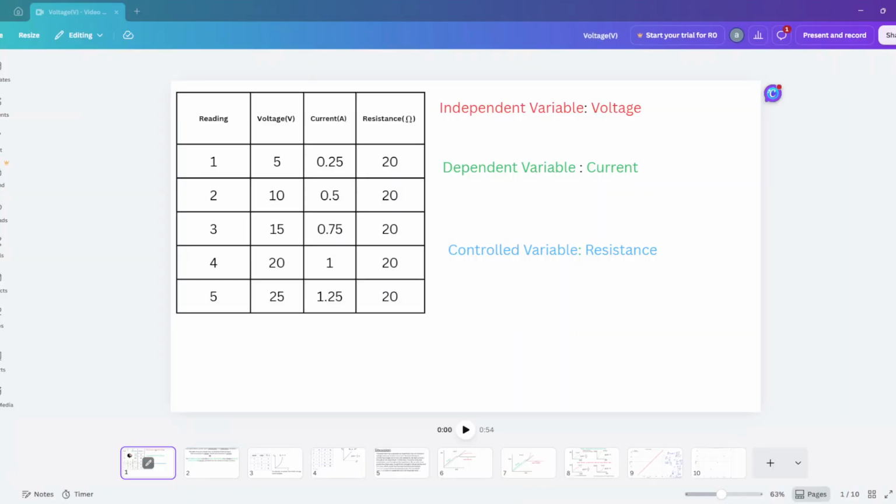Okay, so I'm just going to summarize the first part. My independent variable is voltage, and my dependent variable is current. The controlled variable is resistance. So now what I will plot is current versus voltage, and here's my scatter plot for that.